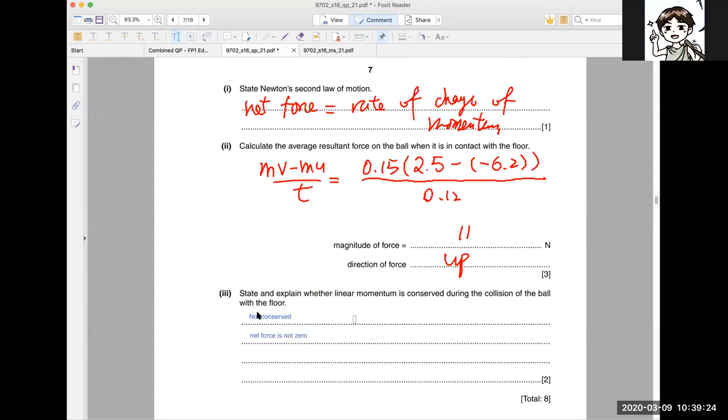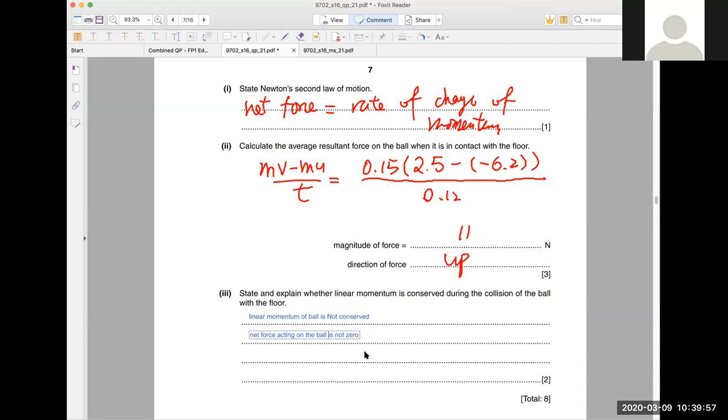So the question is unclear, I don't know what to say. So it may be better for you to write it more clearly. You say the linear momentum of the ball is not conserved because the net force acting on the ball is not zero. But in the marking scheme, it doesn't say anything about the ball.